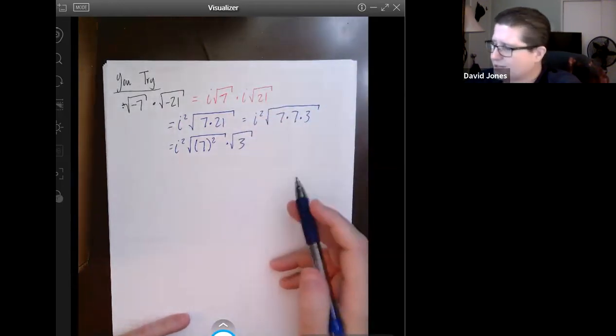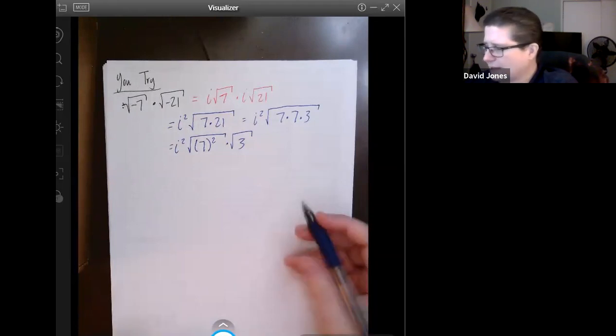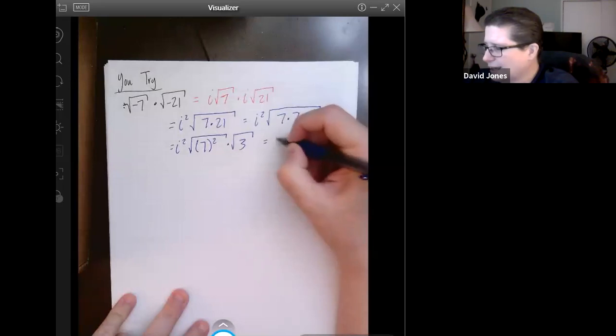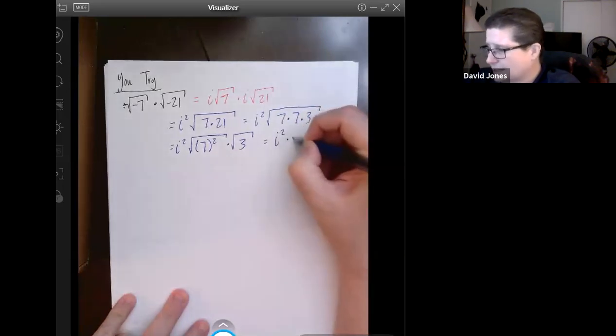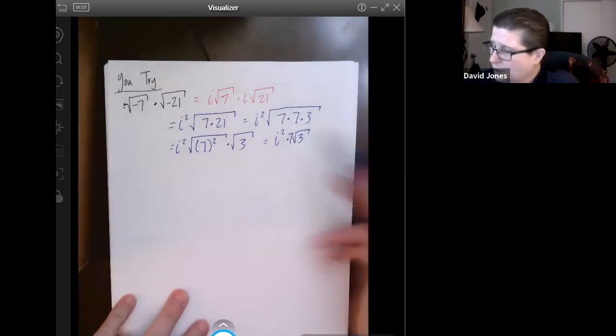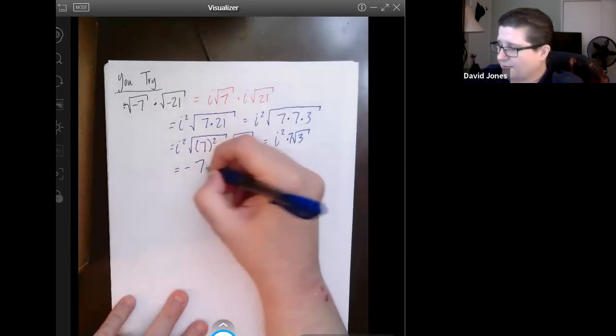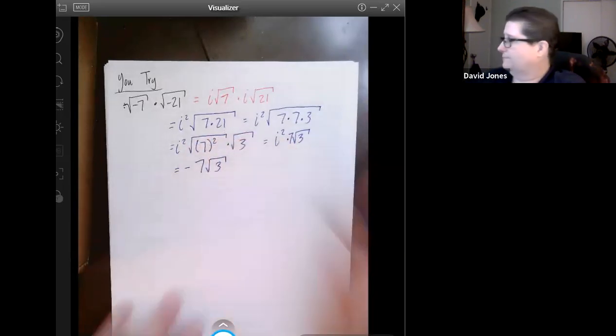The square root and the square wipe each other out. They annihilate each other. We've got i squared times 7 root 3. And now i squared is negative 1. This just ends up being negative 7 square root of 3. All right?